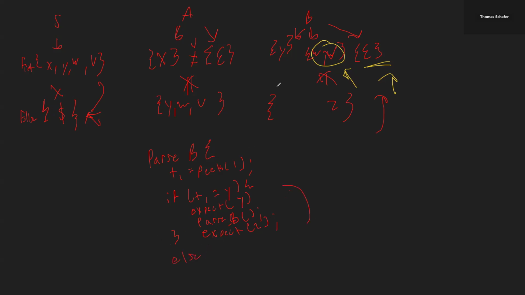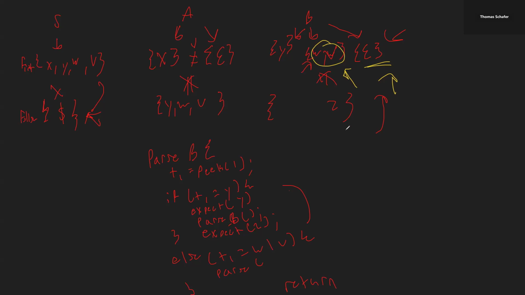Else, and we look at the first of the second path, T1 equals W or V. Then we look at what that path entails, and it's just parse C. Technically, at this point, you can just do a return because it has to be epsilon in the last case.